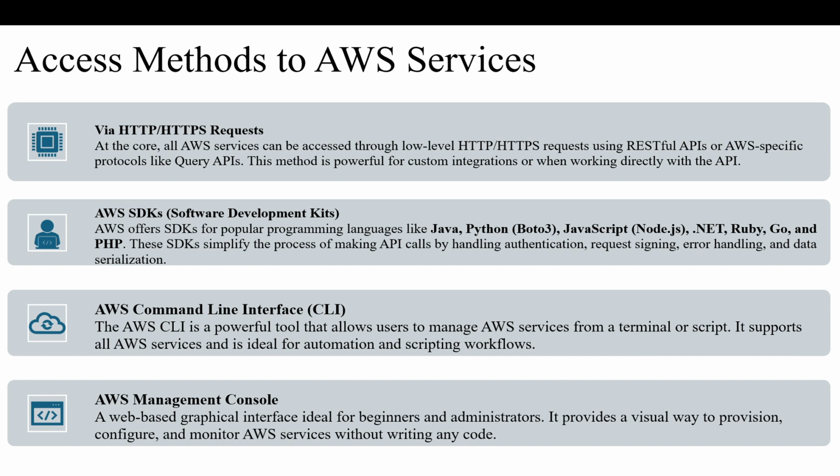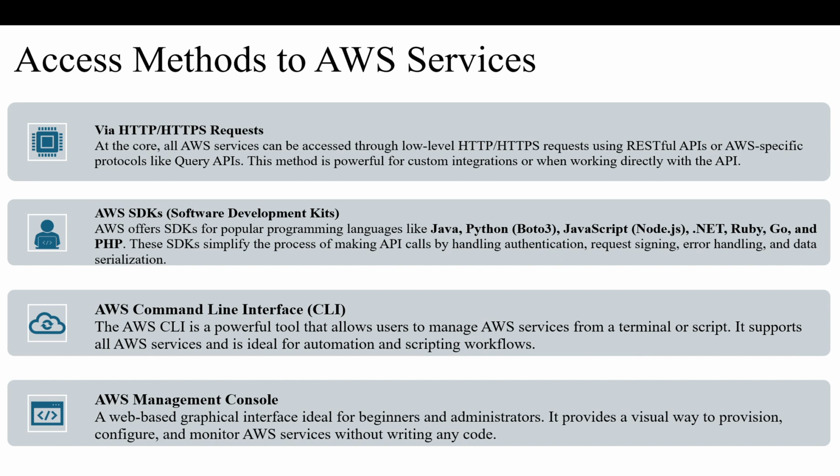AWS SDKs, software development kits, offer SDKs for popular programming languages like Java, Python, JavaScript, Node.js, Ruby, Go, and PHP. These SDKs simplify the process of making API calls by handling authentication, request signing, error handling, and data serialization.